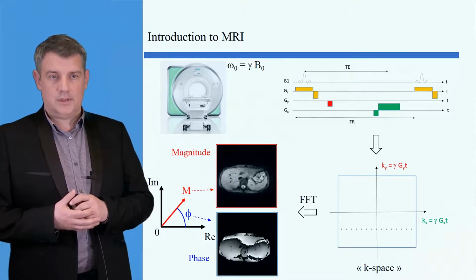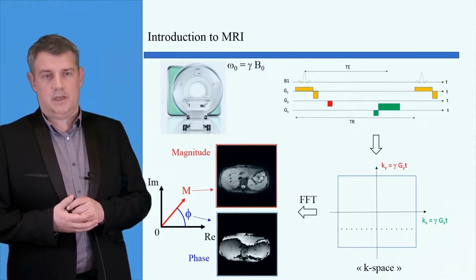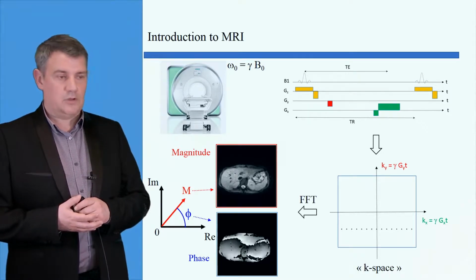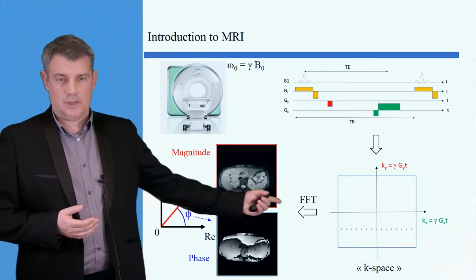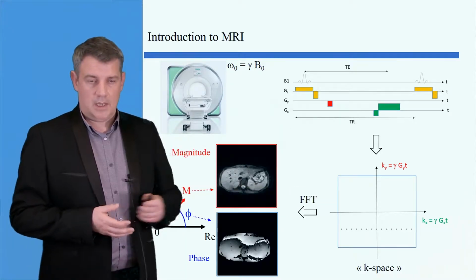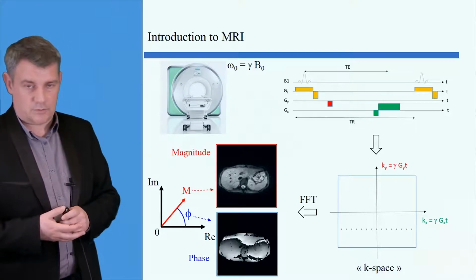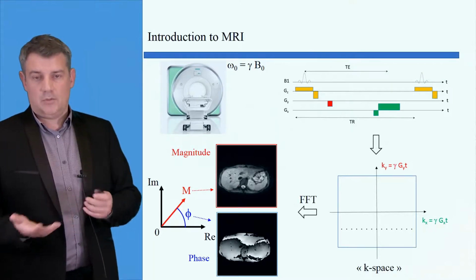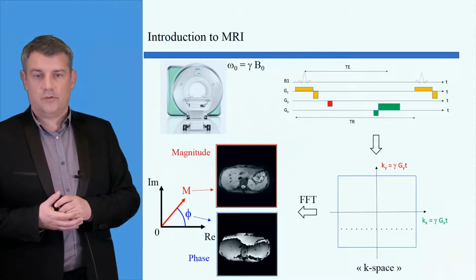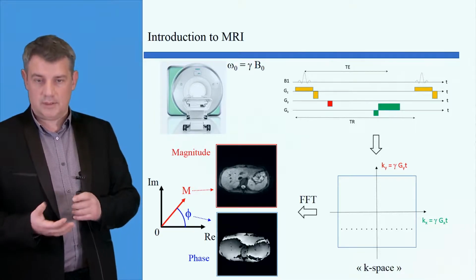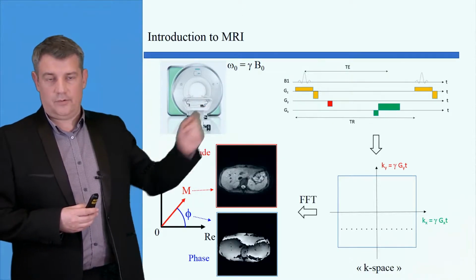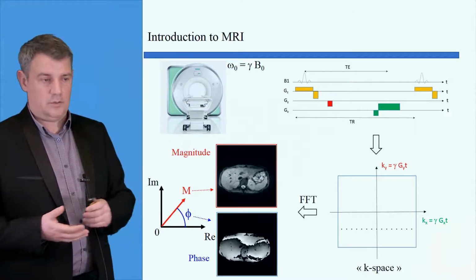Using these pulses, delays, and gradients, you can make a trajectory and acquire the data inside the K-space. And then by inverse Fourier transformation, you can retrieve the magnitude and phase images. The magnitude represents the quantity of protons that you have in each voxel, and the phase is related to the precession frequency of the entity you're imaging.